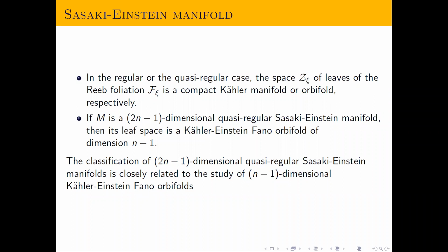This is the entrance to algebraic geometry from Riemannian geometry. So the classification of 2n minus 1 dimensional quasi-regular Sasaki-Einstein manifolds is closely related to the study of these n minus 1 dimensional Kähler-Einstein orbifolds.